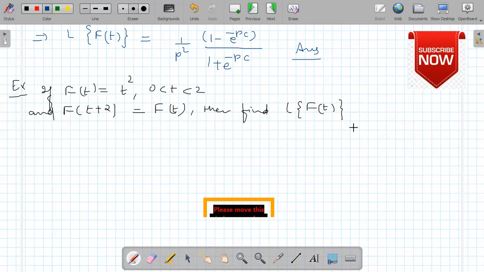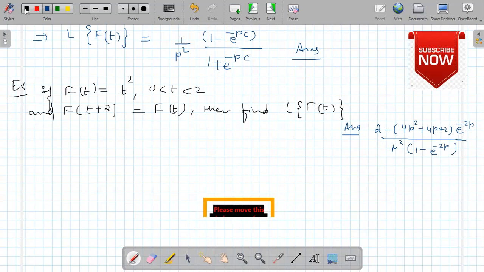The answer of this question is 2 into 2 minus 4p square plus 4p plus 2 into e to the power minus 2p whole divided by p cube into 1 minus e to the power minus 2p. You can verify this answer.